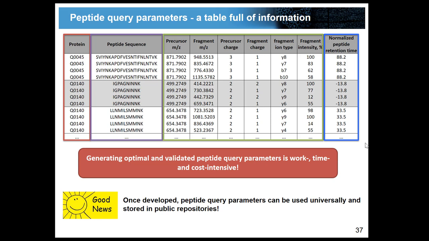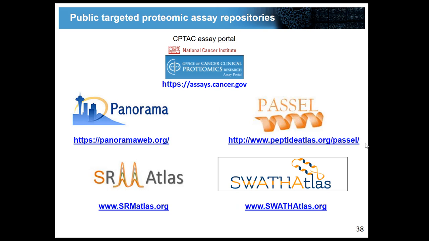You can store them, you can share them with the community, and there are several repositories out there by now. We named some of them already, where you can retrieve peptide query parameters, but where you can also put your own peptide query parameters. So in case you went through this process, really make other people benefit from it as well, and deposit them here.